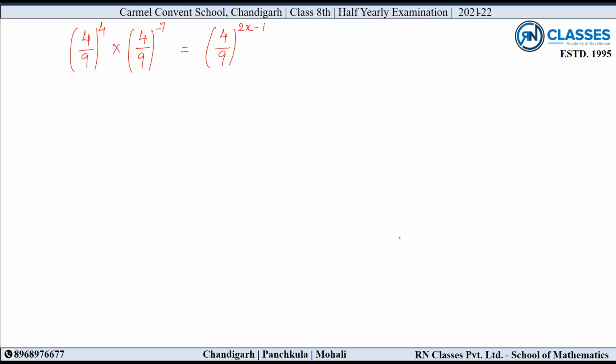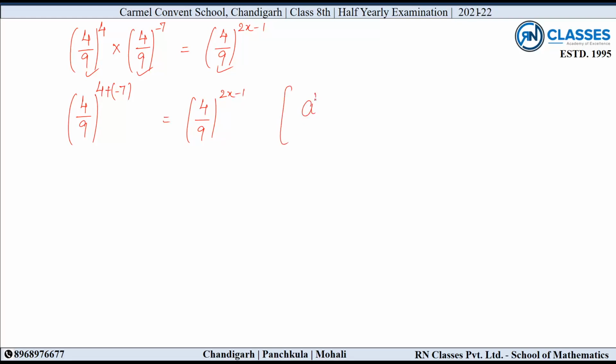Right? So 4 by 9 means base is same. So law of exponents का use करना है. What will we do? 4 by 9 is base, so powers will get added. 4 plus minus 7. So which property did we use?